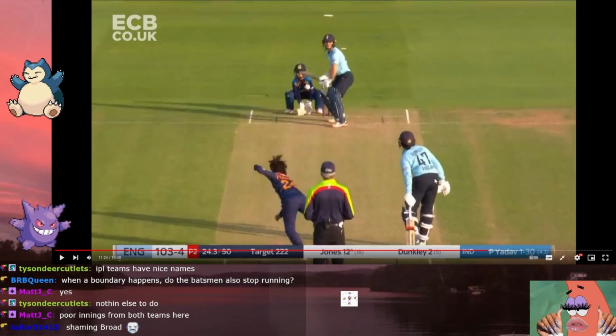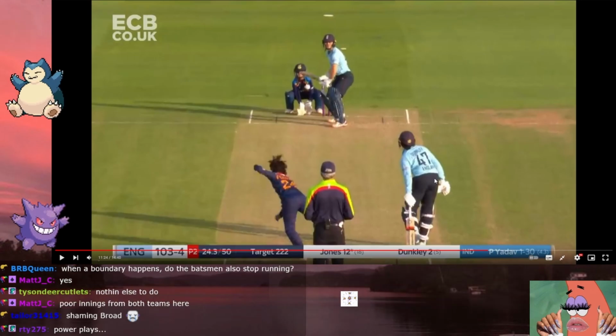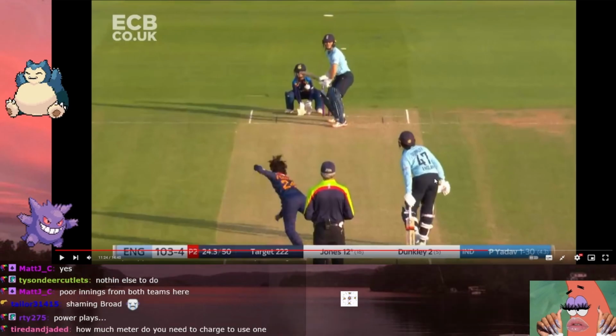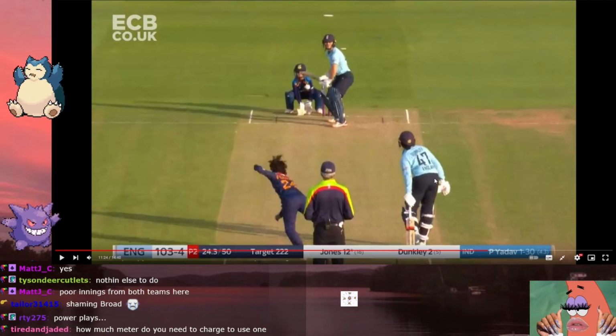In limited overs cricket, you have these things called power plays, which really are great names. Essentially what power plays are is a limitation on where the fielding team can put their fielders. It basically says for a certain number of overs, the fielding team has to have a certain number of fielders inside the inner circle.